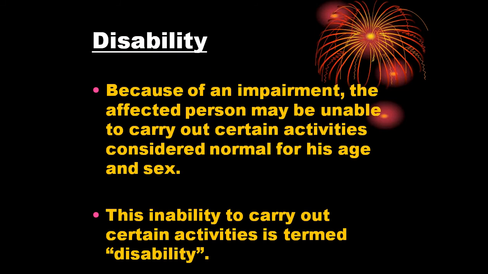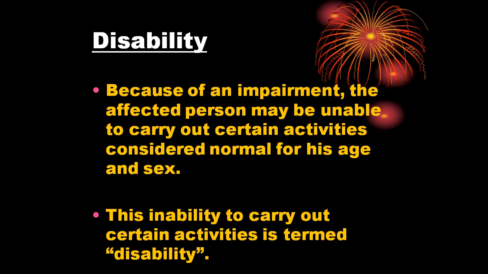What's a disability? Because of an impairment, we get a disability. An affected person may be unable to carry out certain activities considered normal for his age and sex. Therefore, because of this loss of my arm or foot, I am not able to perform certain activities. Like because of my loss of foot, I'm not able to walk properly. So I have a disability.